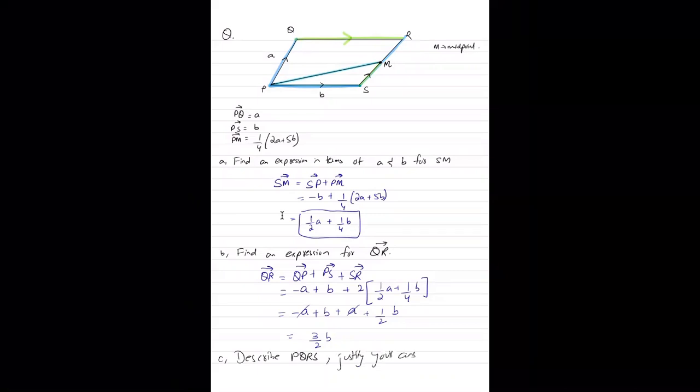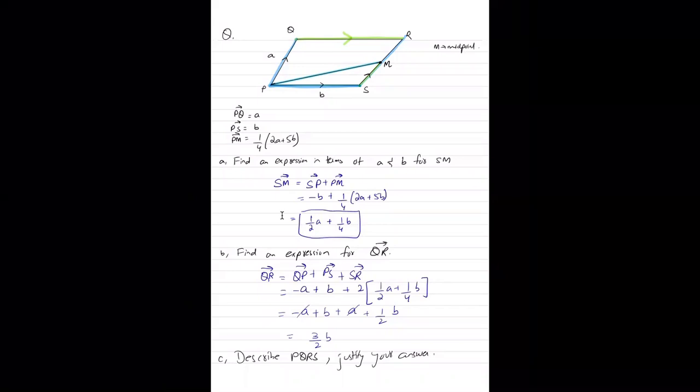Justify your answer. So you need to identify the shape. We know it's a quadrilateral, okay, but it cannot be a parallelogram because we see that the vectors PQ and SR are not parallel. But are the vectors PS and QR parallel? Yes. How do you know that?